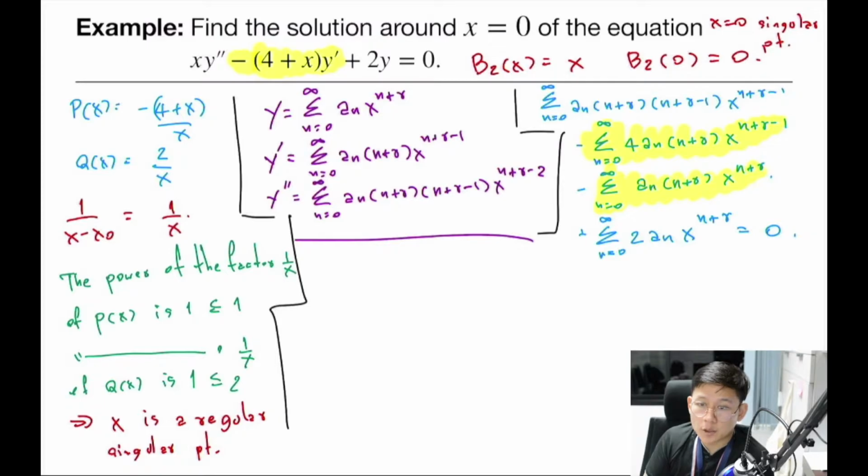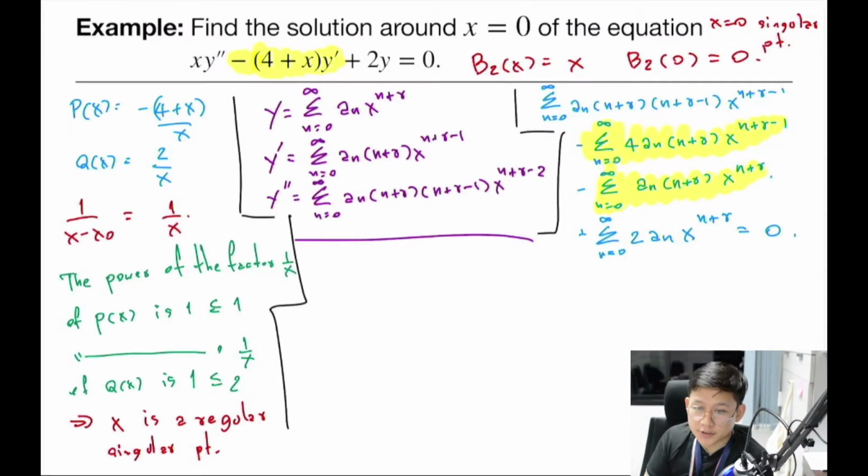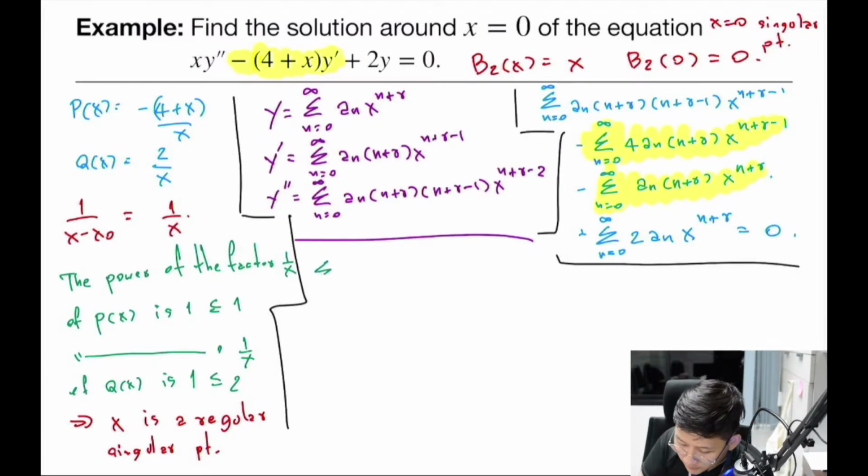Good. After that, let me group the first and the second terms, since they have the same exponents. So let me work it out a little bit. It will be summation n from 0 to infinity of [(n plus r)(n plus r minus 1) minus 4(n plus r)] x to the n plus r minus 1.